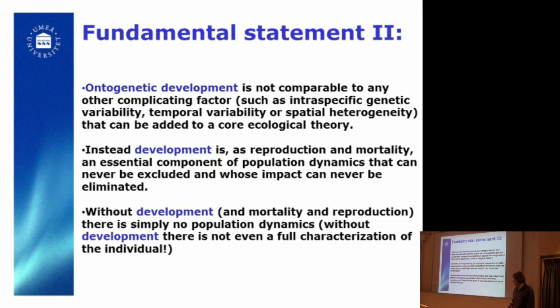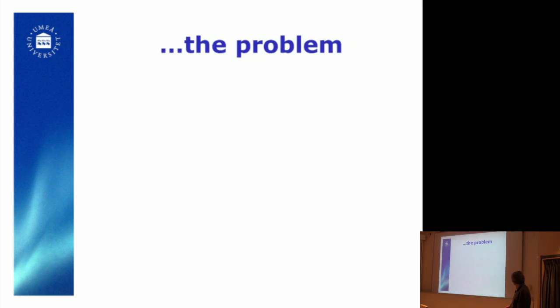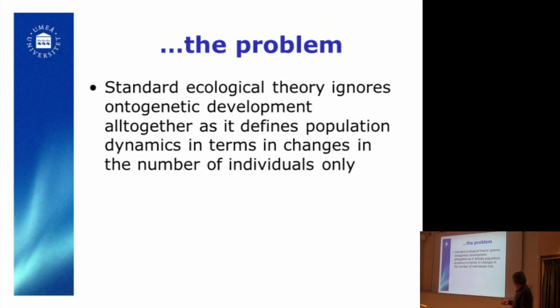Two fundamental statements. So now comes the problem. Standard ecological theory ignores ontogenetic development altogether, as it defines population dynamics in terms of changes in the number of individuals only. That is a major problem.